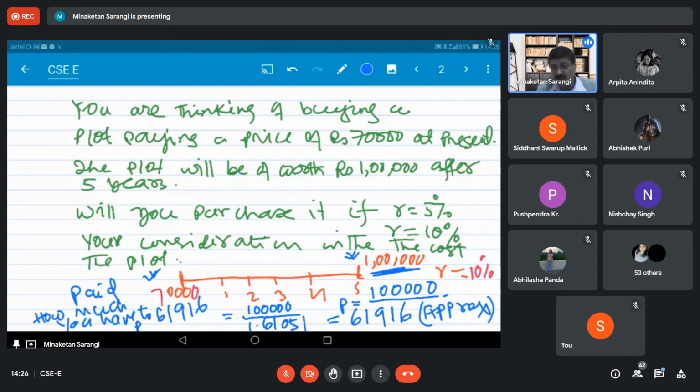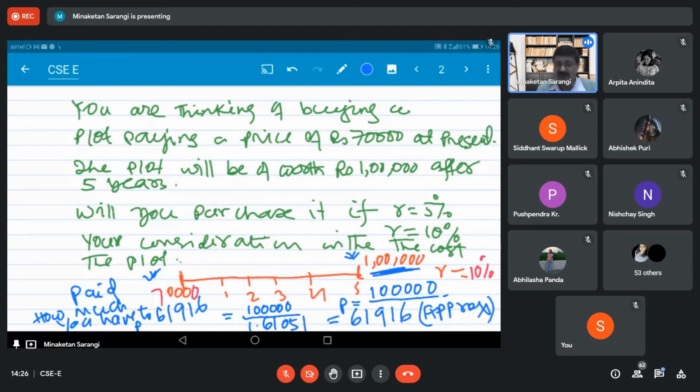Your consideration is not the benefit you are receiving. Your decision is based on how much you have to pay. Your decision is not resting with how much you will get after future time.